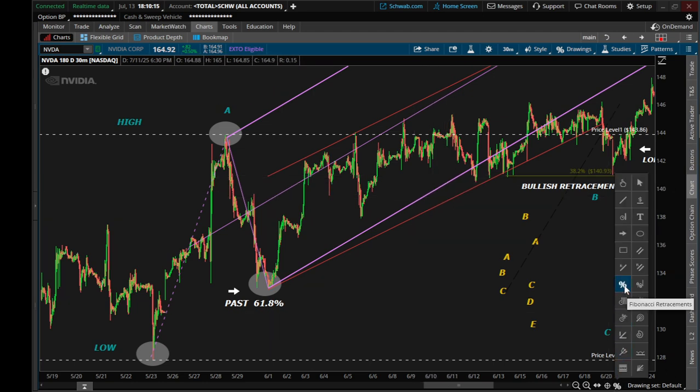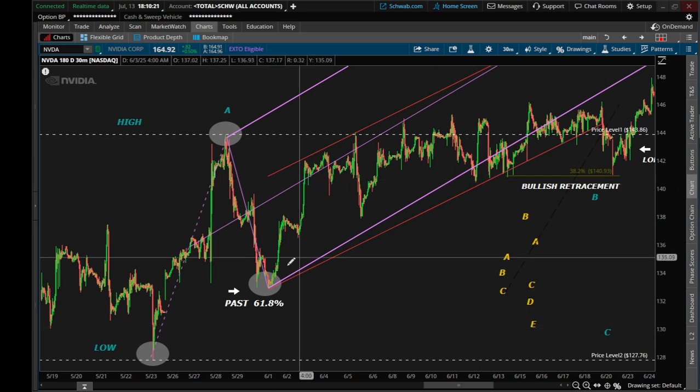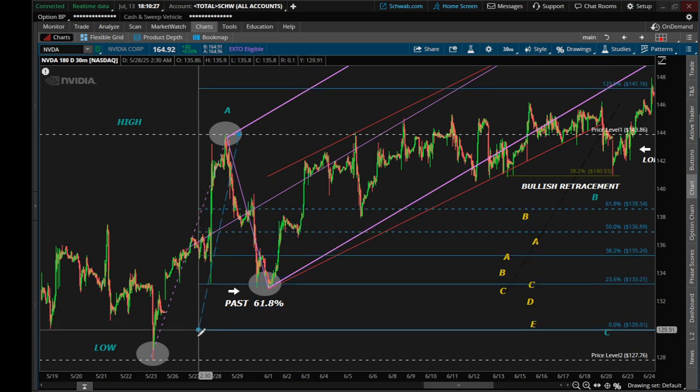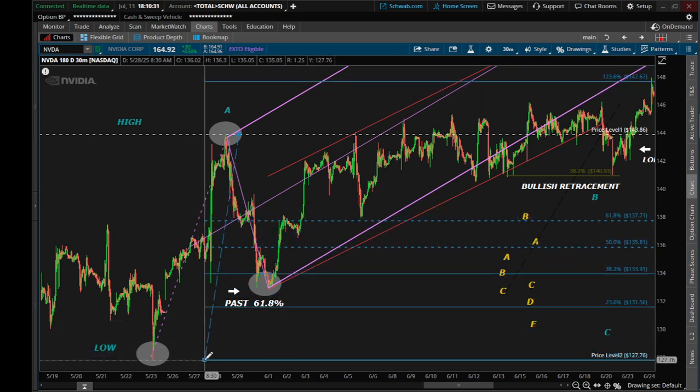Now let's get our targets for our next wave, because we have an A and a B looking for a C. So all we have to do is measure this A wave. I don't care about adding the correction into my count.